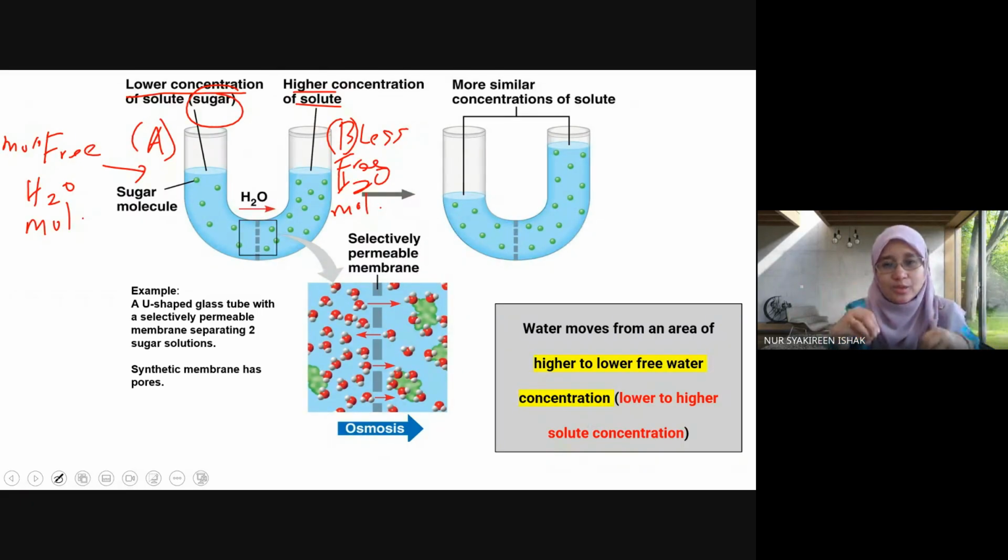So higher solute with fewer free water molecules. This is at the beginning of the experiment.